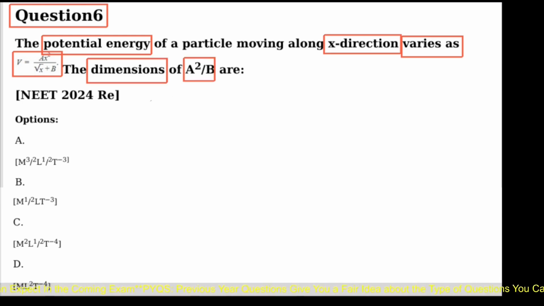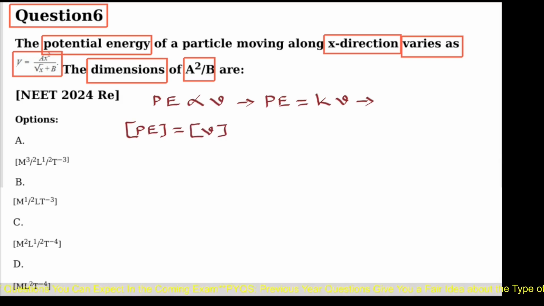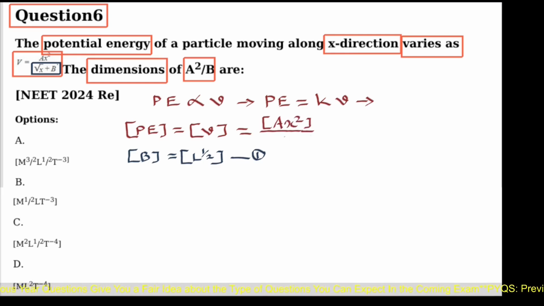Potential energy varies as V, which implies PE equals k times V, which also implies dimension of PE equals dimension of V. In V equals a x square upon root x plus b, by the principle of homogeneity, dimension of b will be the same as dimension of root x, that is L raised to half. We name this 1. Here in dimension of V we can write dimension of a x square upon dimension of b.